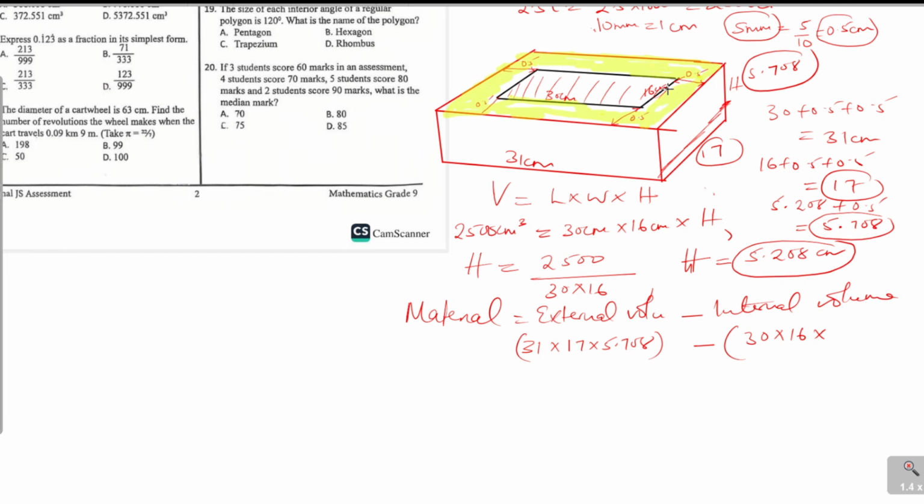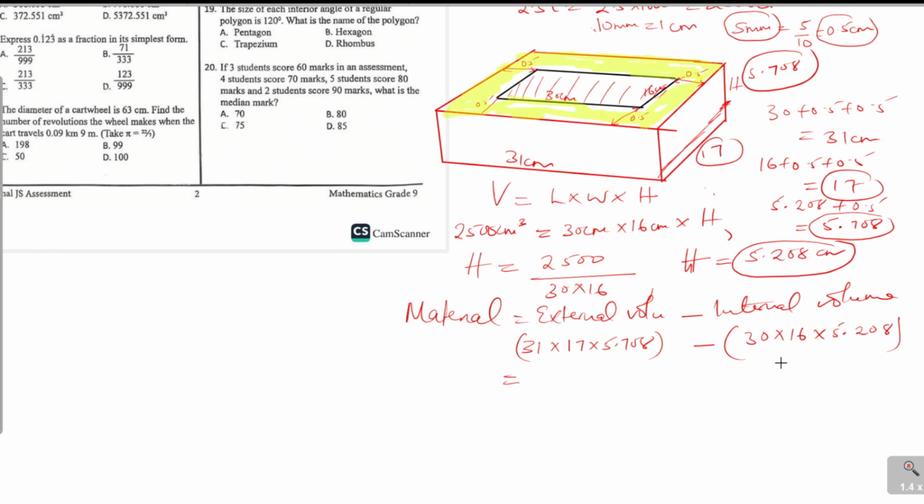And then the internal volume, now we use the internal measurement, which is 30 times 16, and then times the height. The height is the one that gave us the volume, which is 5.208. We already have the height there. And if you noticed, we already have the volume of the internal part.